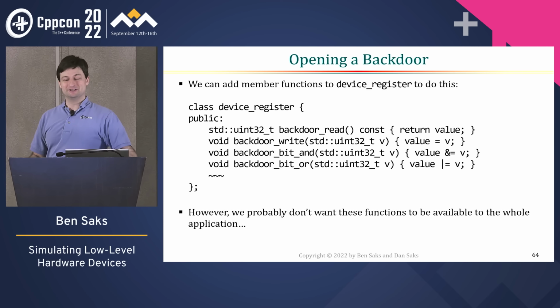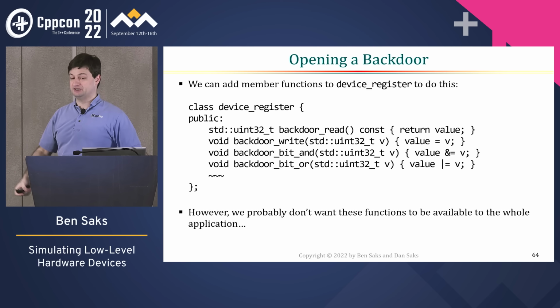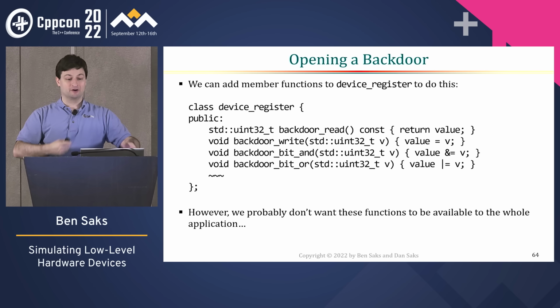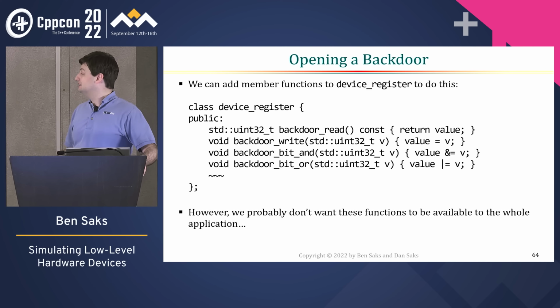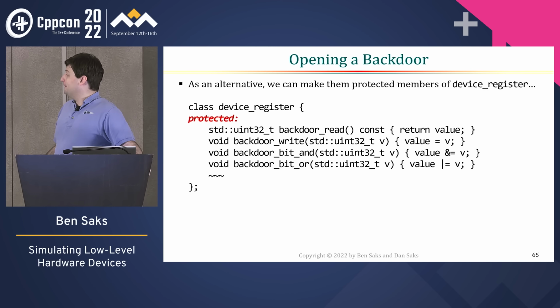I really prefer to avoid doing something like that, even though most of my application shouldn't try and call these because those same functions wouldn't exist on the target hardware. So a better alternative, I thought, was that I can make them protected member functions of my device register. So they're not actually accessible to the outside world.